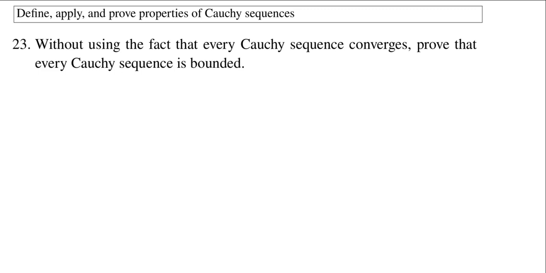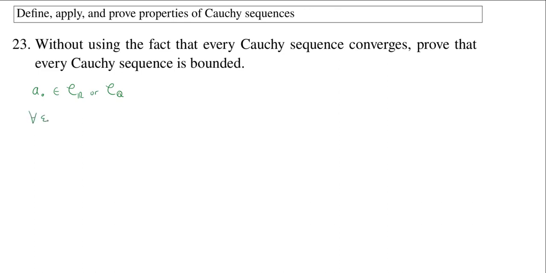Fine. Well, what does it mean to be a Cauchy sequence? Okay, so if I have some sequence A, it's going to be a Cauchy sequence. I'm not writing here the rationals or the reals as a subscript just because we're not really talking about it specifically, but it could be the reals if we wanted. It doesn't matter. The same argument's going to work either way. Okay, so I have a Cauchy sequence. I want to show that it's bounded. And what does it mean to be a Cauchy sequence?